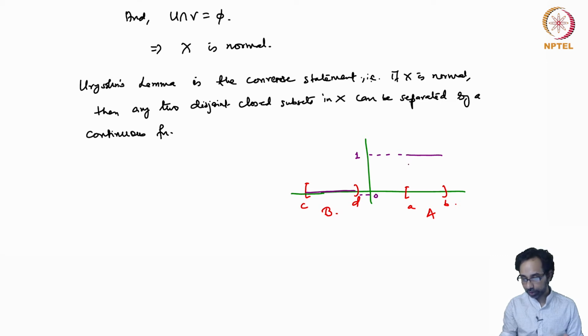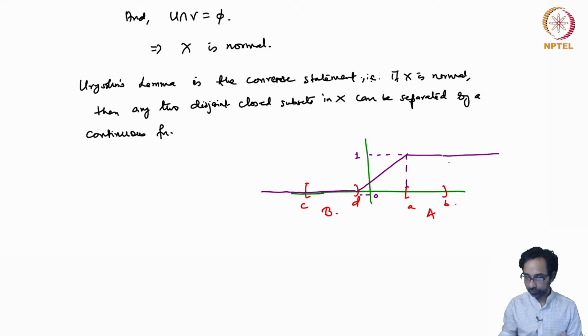Here, if you have just the real numbers, it is quite easy to do so. If you have two such disjoint closed sets, you can take some kind of linear interpolation like this, and you will get a continuous function. So on the left you can extend by 0, on the right you can extend by 1, right?